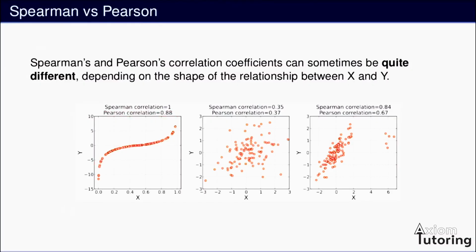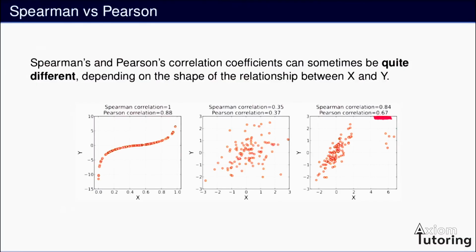Now, in a case like this, where the relationship is still positive, but not very clear, then we can see that those two measures are virtually identical. And when you have outliers, we can see that Pearson's correlation can actually be quite low.